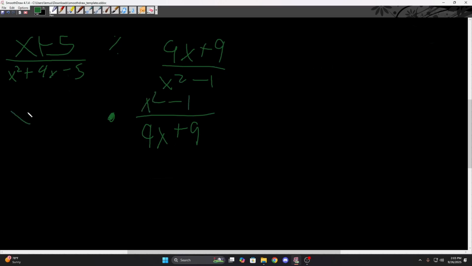And then here, you just factor it out. X squared plus 4x minus 5 would be x plus 5 and x minus 1. Here, you also got to factor it out.